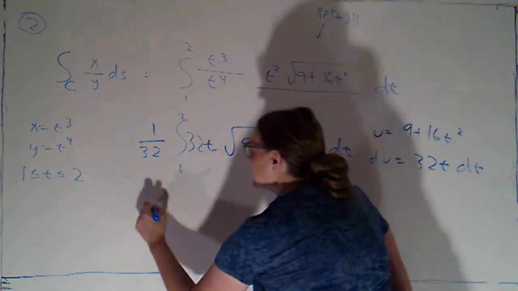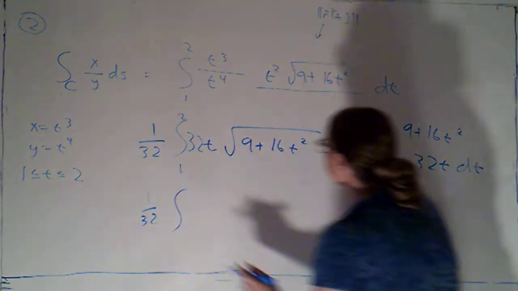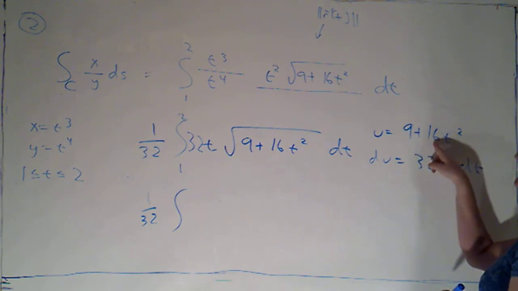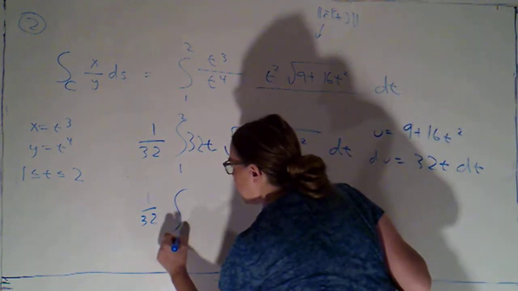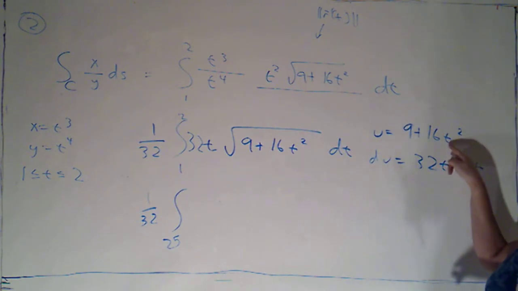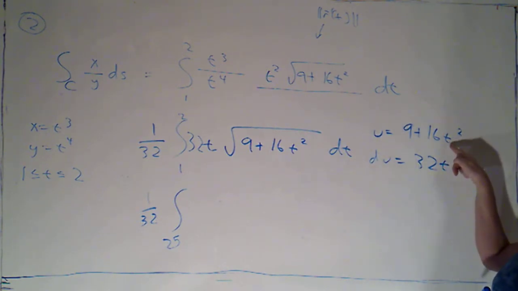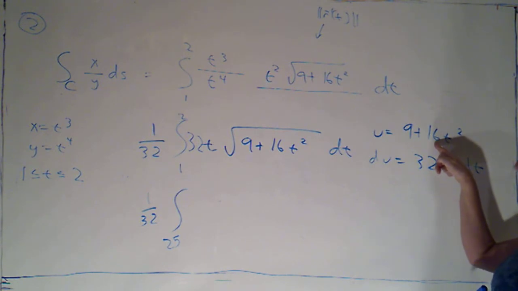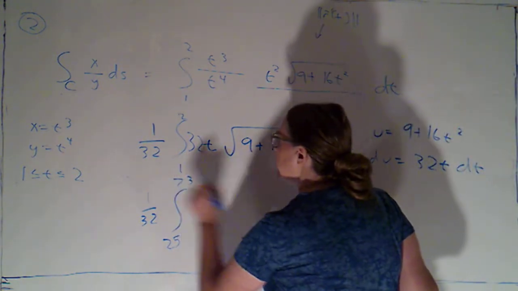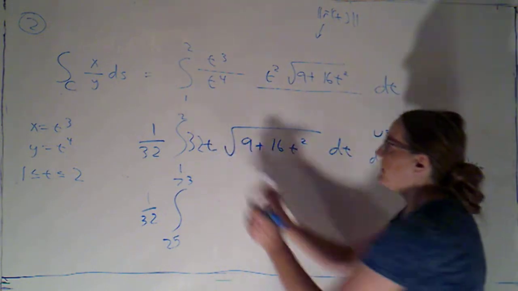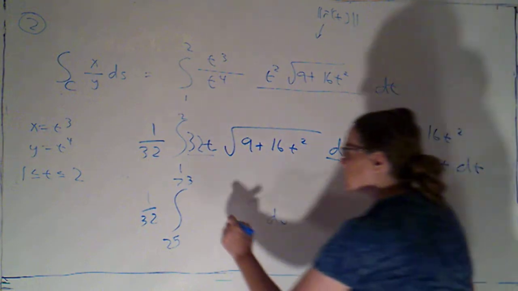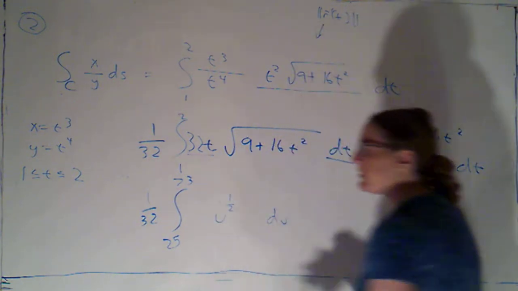And now I can say this is 1 over 32 integral from the u value at 1, which would be 9 plus 16 is 25, to the u value at 2, which is going to be, let's see, 2 squared is 4, times 16 is 64, plus 9 is going to be 73. The 32t dt, that's my du, and this is just the square root of u, which I'll write as u to the 1/2.